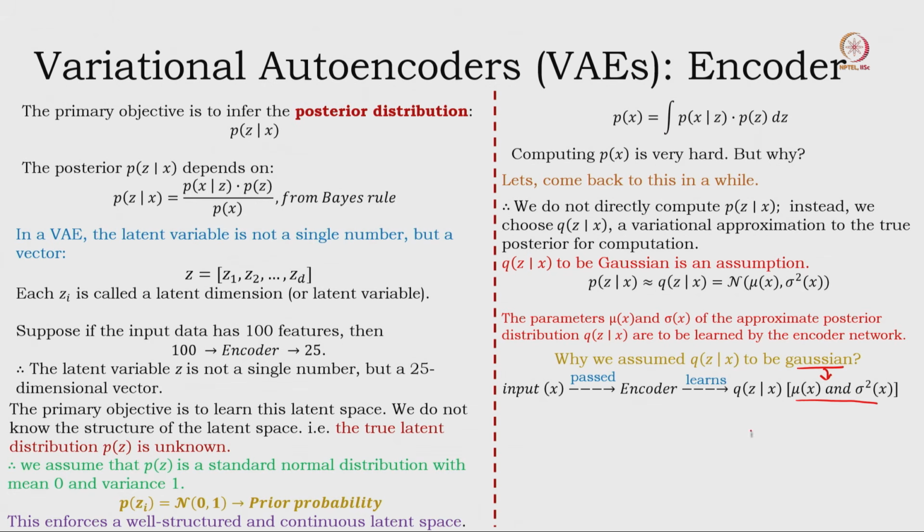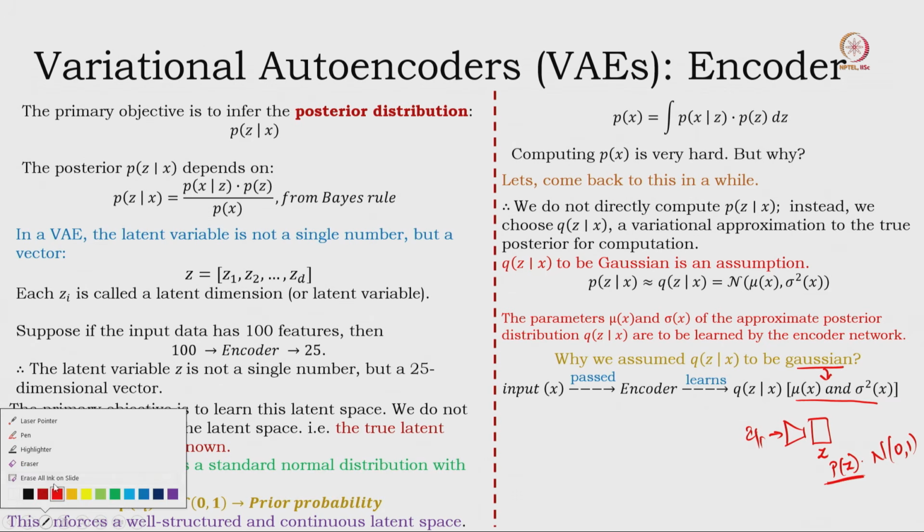From the input, when you pass it to an encoder, you will get a latent space, correct? So, what is this latent space? The latent space is denoted as z. We have made one prior assumption here. What is this assumption? The probability distribution of this z is a normal distribution having mean 0, variance 1. You have made this assumption that the probability distribution of z is standard, that is Gaussian or a normal distribution.